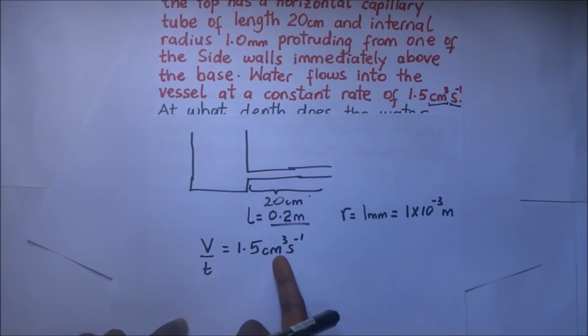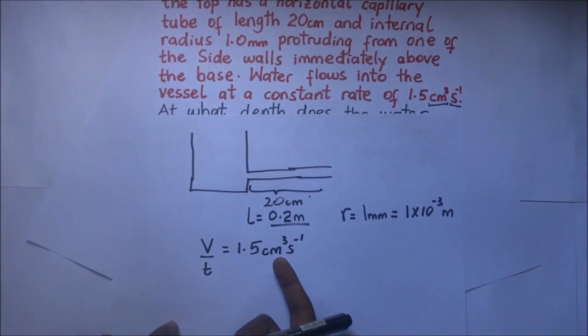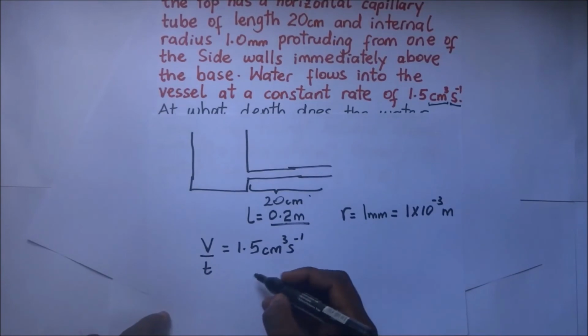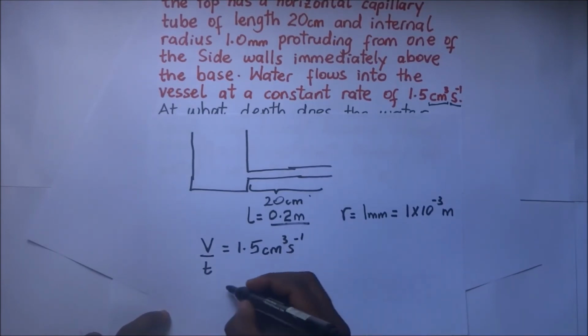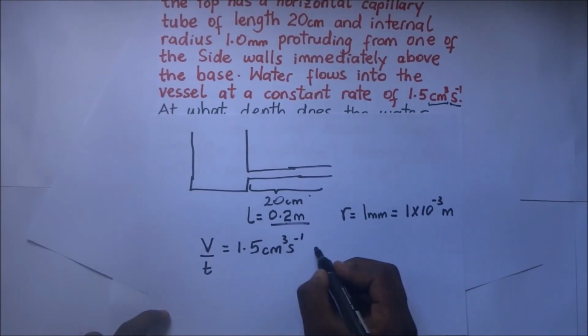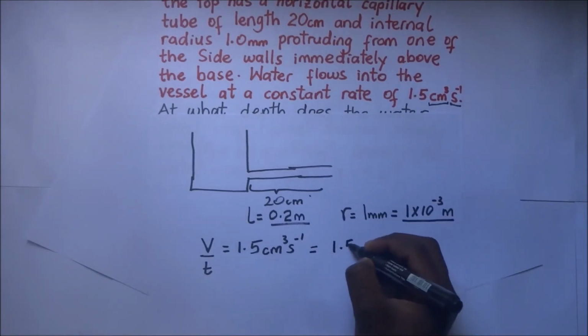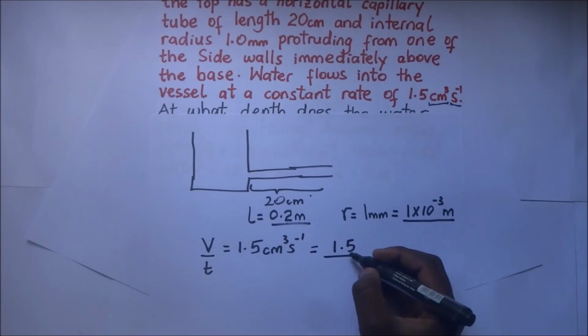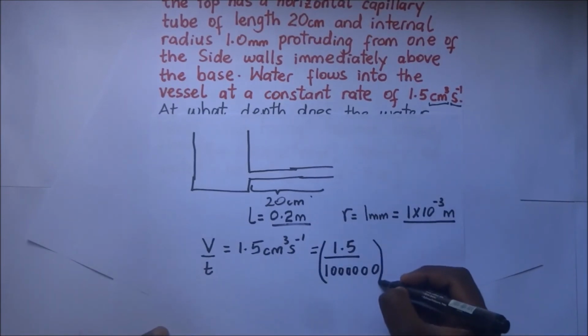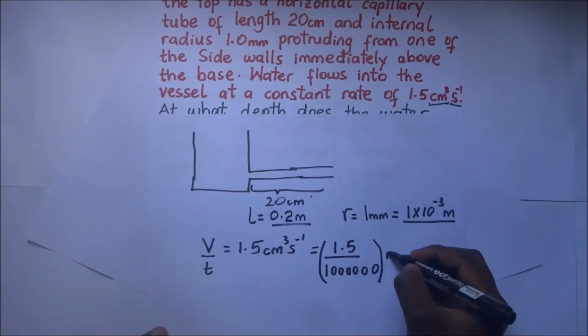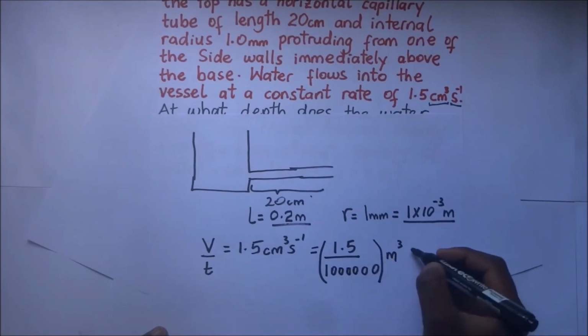Now let's convert this centimeters cubed to SI units. These centimeters cubed, we convert them to meters cubed per second. So our volume flow rate is instead going to be 1.5 divided by, and we will have converted this to meters cubed per second.